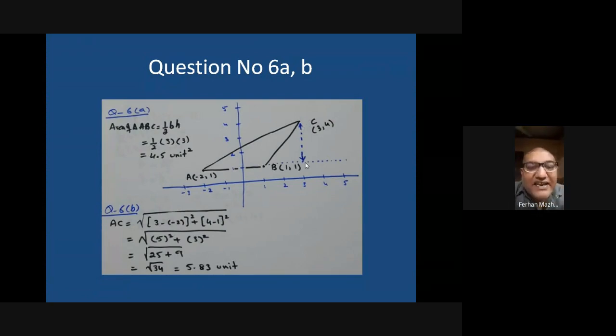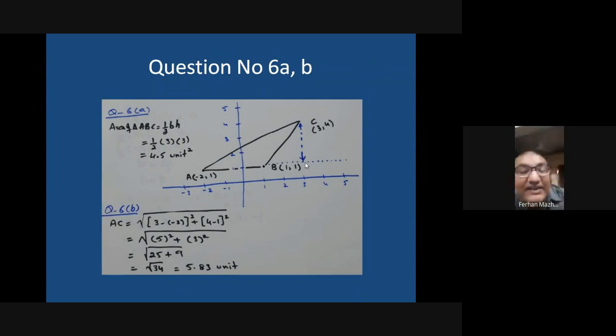For example, in this case, the height which I have represented with the blue dotted line with arrows is not part of a side of the triangle. It is outside the triangle. The height can be outside the triangle, or it can be inside the triangle. It might be a side of the triangle, or it might not be. So here the height is outside the triangle.